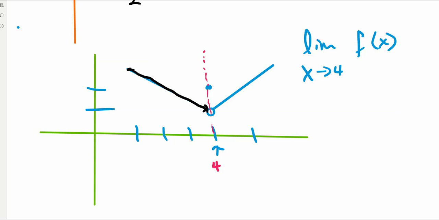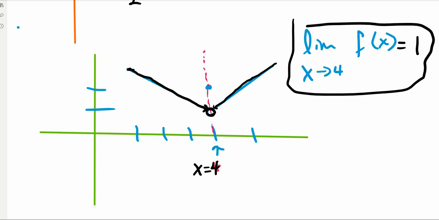Well, I'm approaching this hole, and this hole is located at 1. But then I also have to do it from the right side. As I come from the right side, what y coordinate am I approaching as I approach x equals 4? So this is x equals 4. And I'm also approaching that hole, and that hole is located at 1. And that is the definition of a limit.